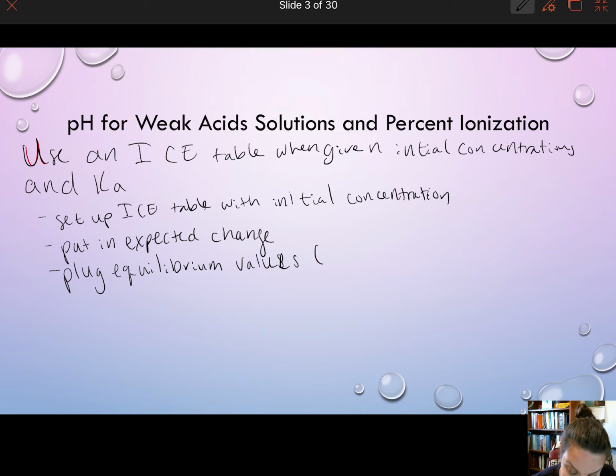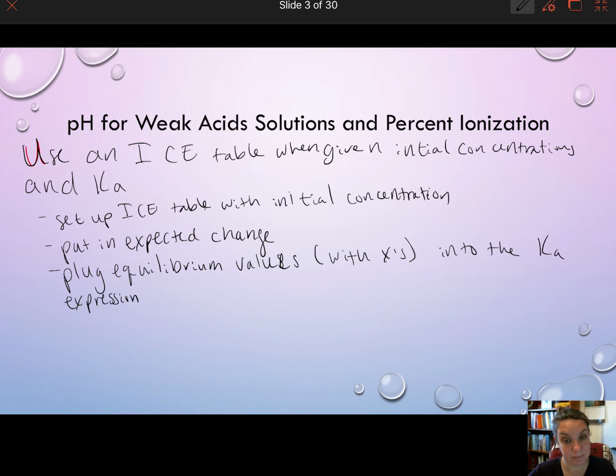And these equilibrium values will have x's associated with them. Okay. After we plug this in, we will solve for X using K.